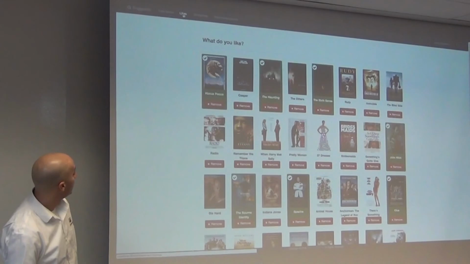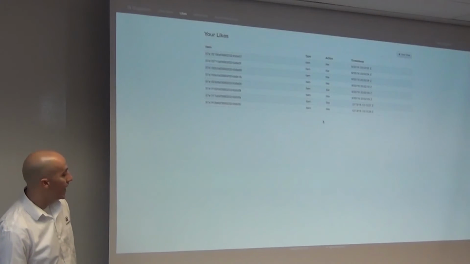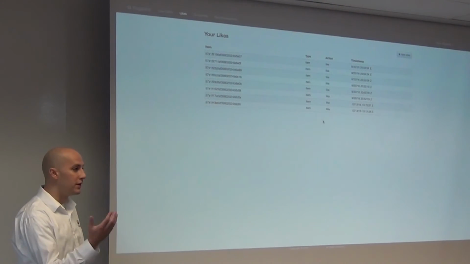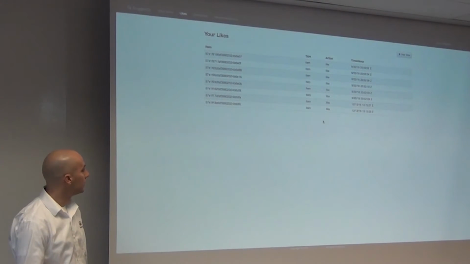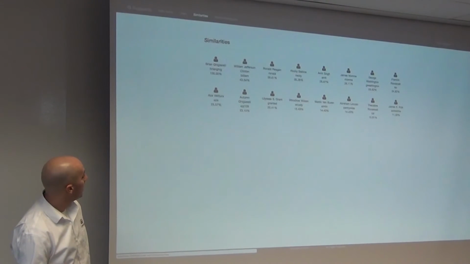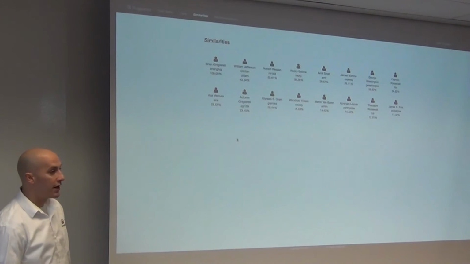The next thing is, once we have all these likes, you can see that these are the different actions that were fed into the system. So these actions all happen to be like in this case, but you can see that you would weight different actions more or less over time. And from there, when we ran the engine, we built up the user similarities.